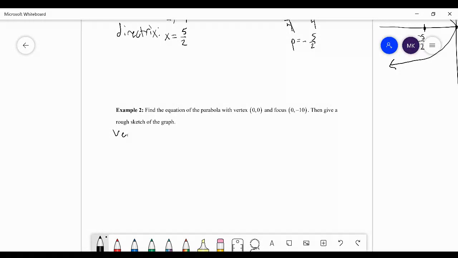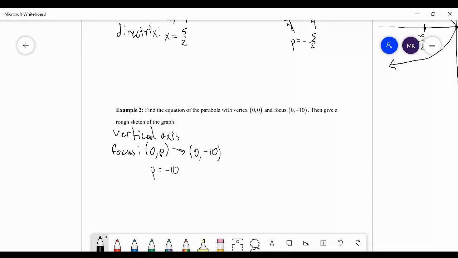So this is going to have a vertical axis. And in a vertical axis, our focus is at the point 0, comma, p. And since our focus here is 0, negative 10, that tells me that p equals negative 10.